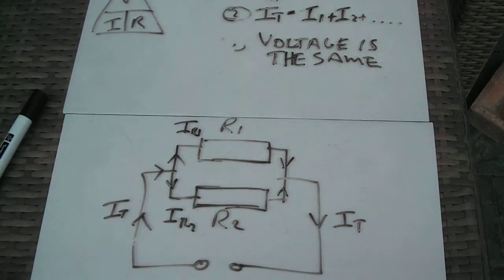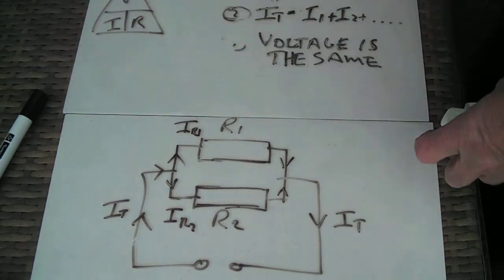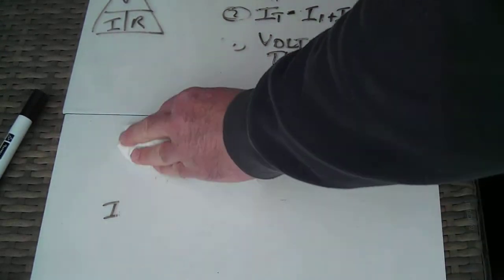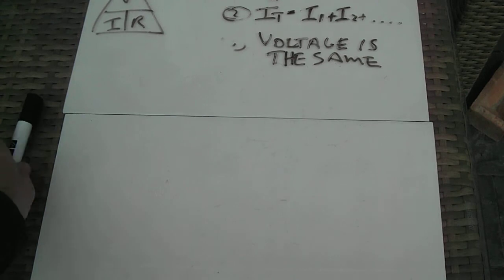Right, so first of all, we need to work out a couple of things. First of all, the total resistance in a circuit, and then we're going to work out the currents going through each resistor.